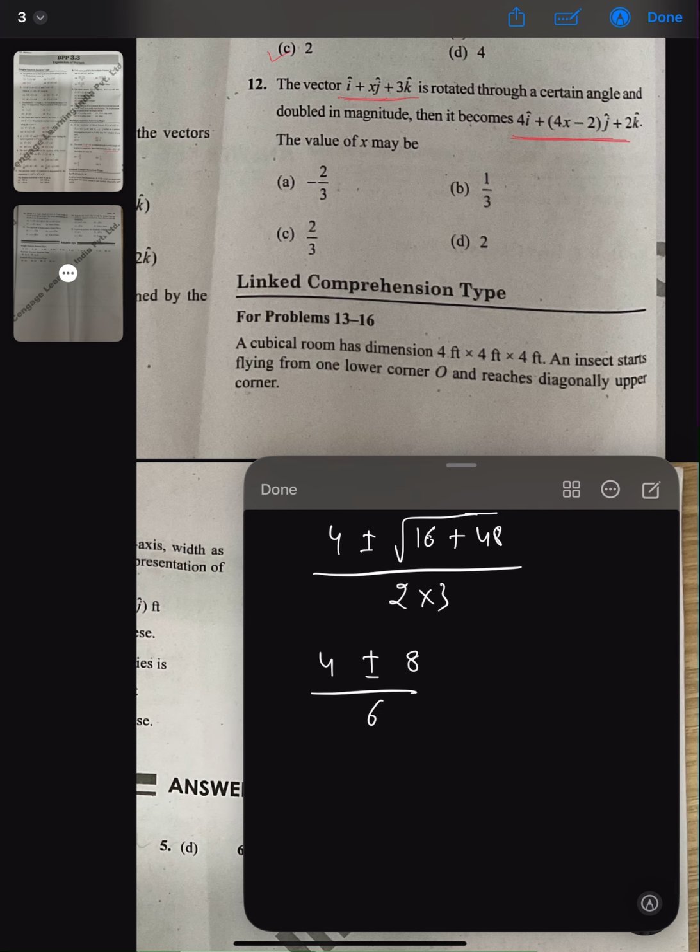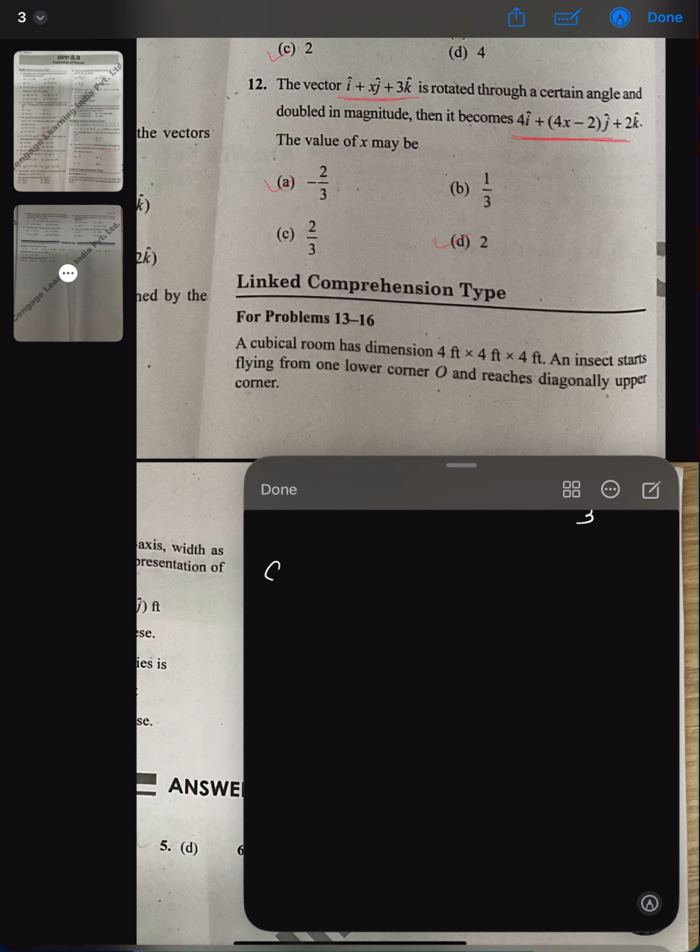So the answer is 12 upon 6, that is 2, or minus 4 upon 6, that is minus 2 by 3. So the value of x can be minus 2 by 3 or 2. There can be two values. So the 12th answer will be A and D.